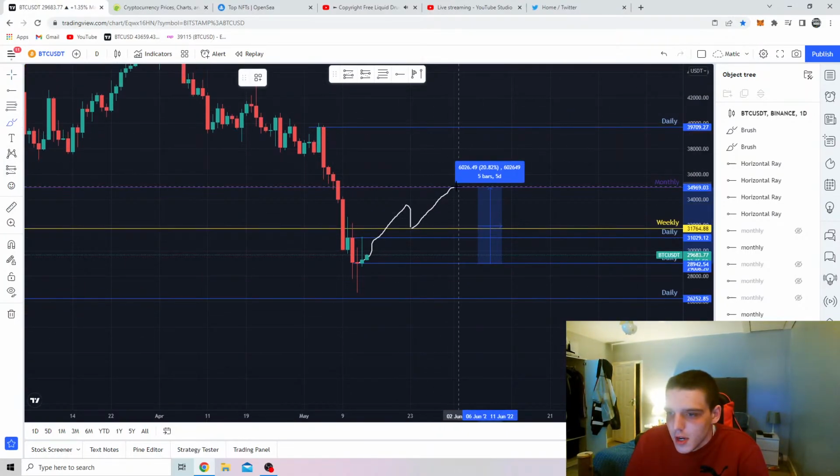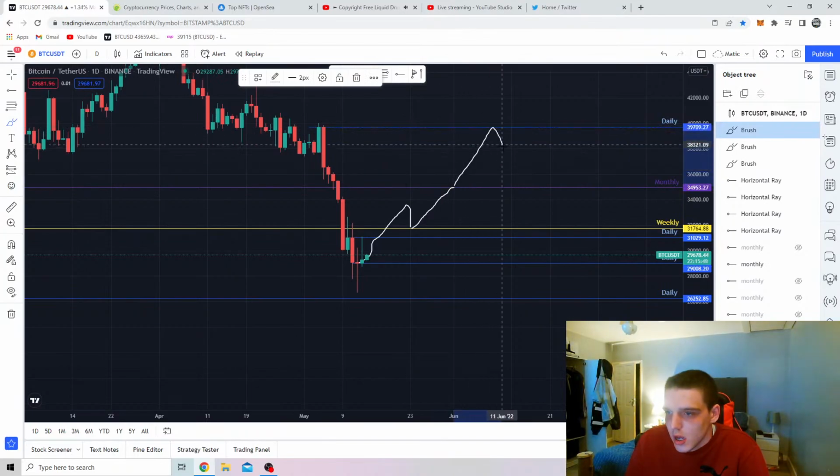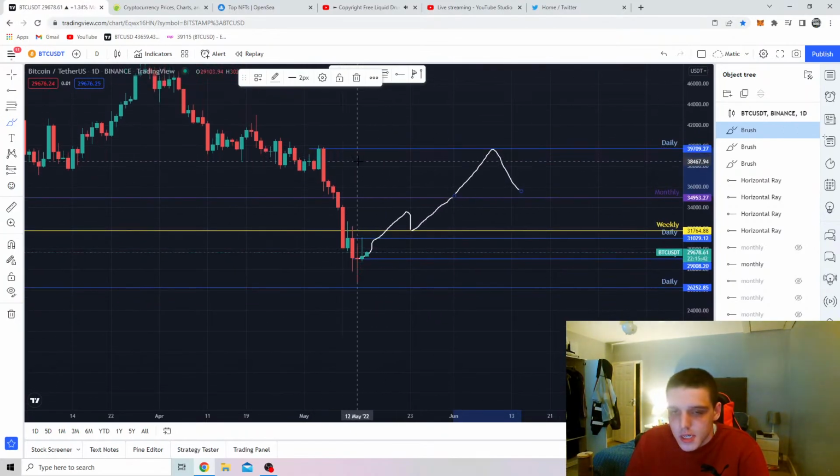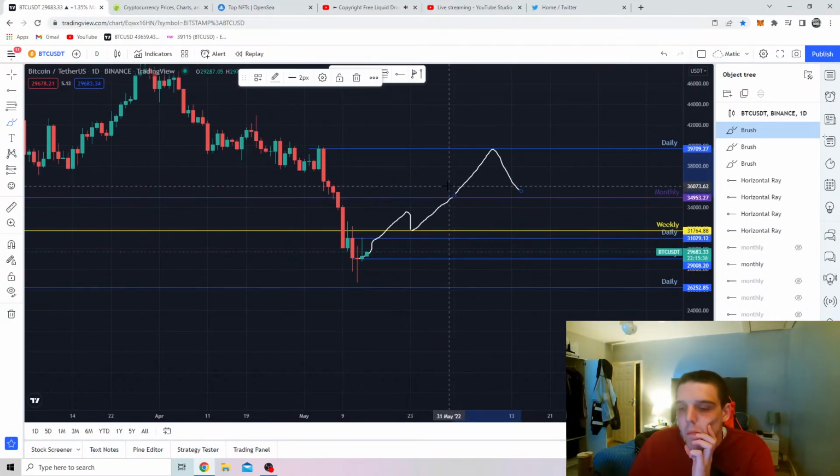The 39k area has got a lot of confluence. There's a lot of levels up there around the high 30s areas, so obviously we could just smash right through it, but if we're trying to be conservative about it, this is essentially something that we might see.